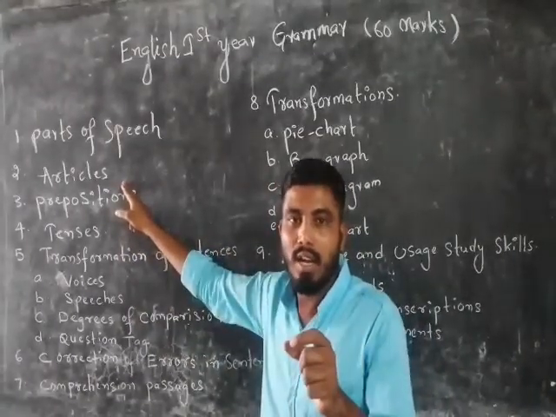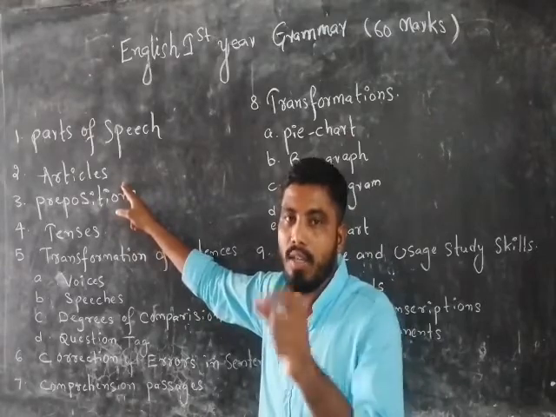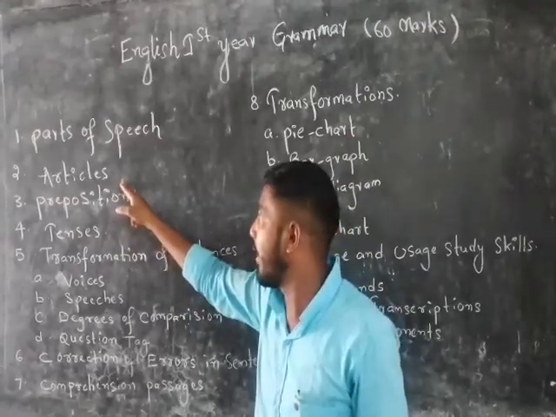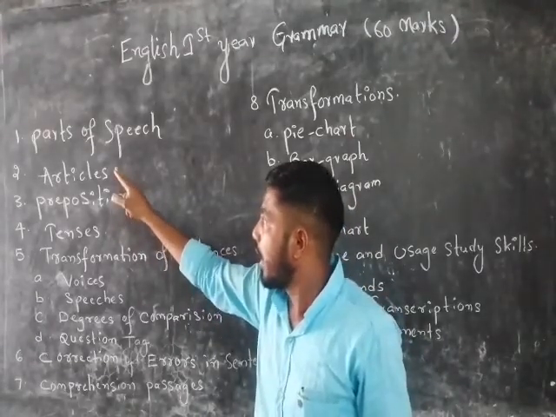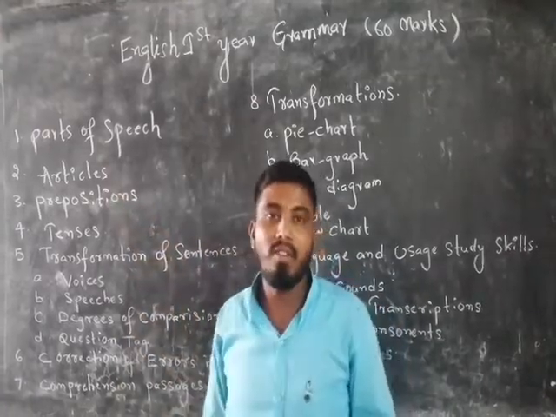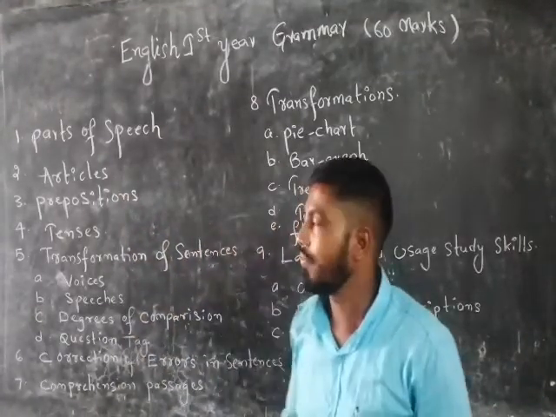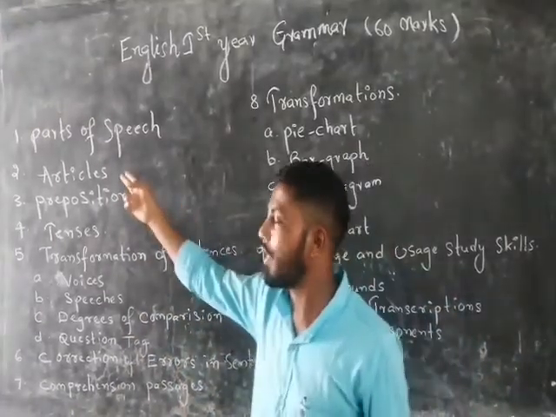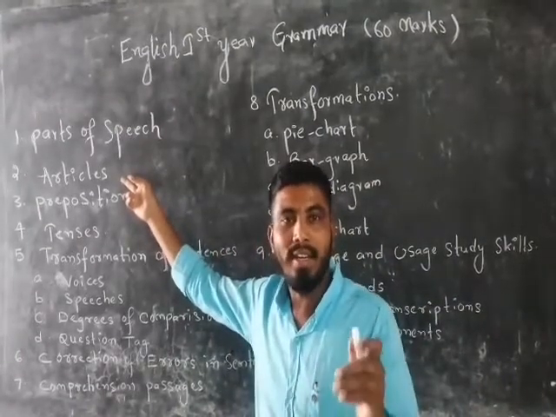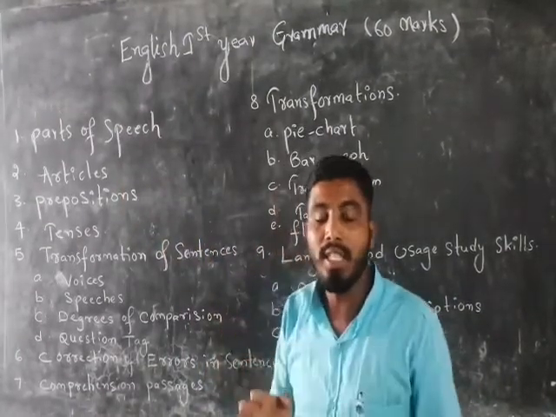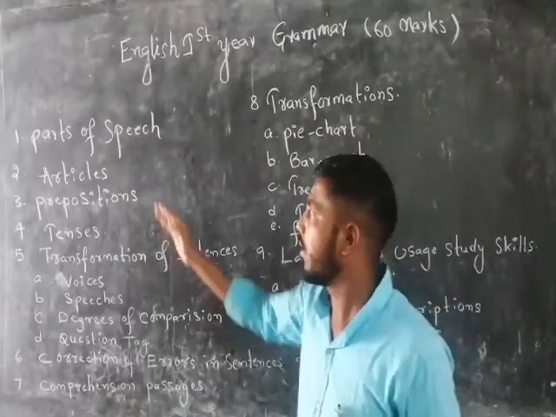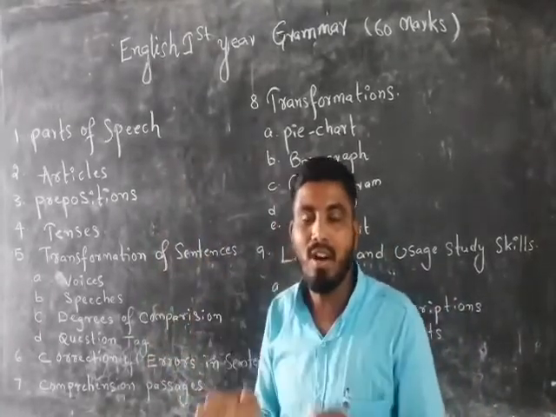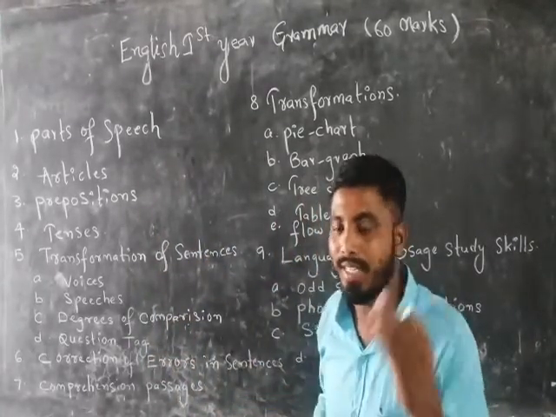A and an are called indefinite articles and the is called the definite article. Why they are called so, I will explain later.